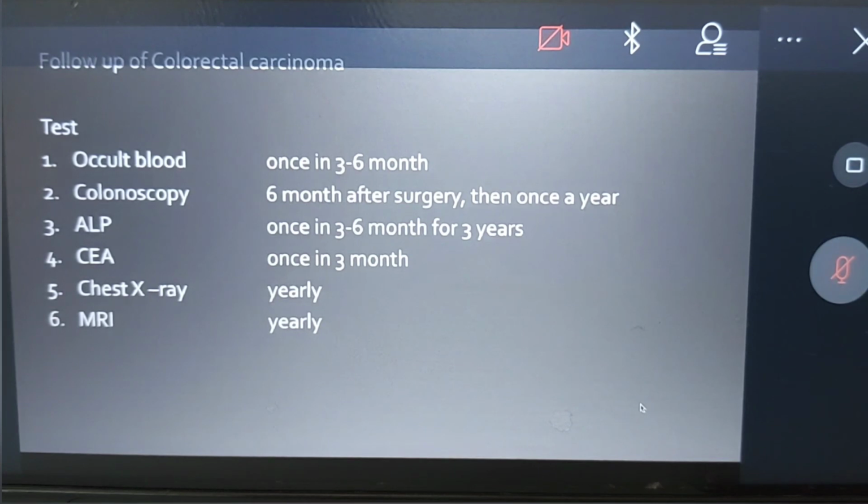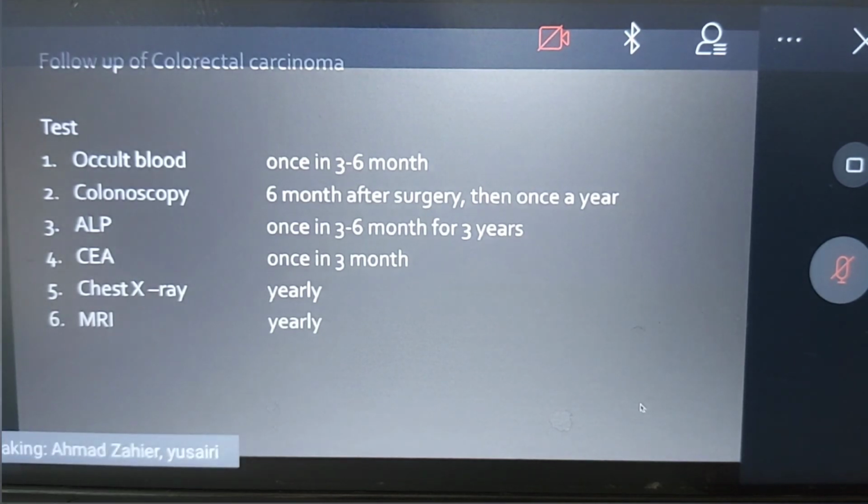Oh, anyone want to comment about this? How we follow up colorectal cancer? Any MO from TC? Yes, me.